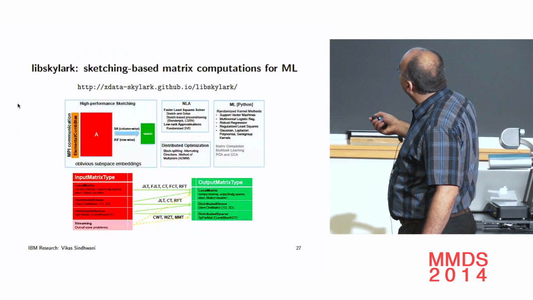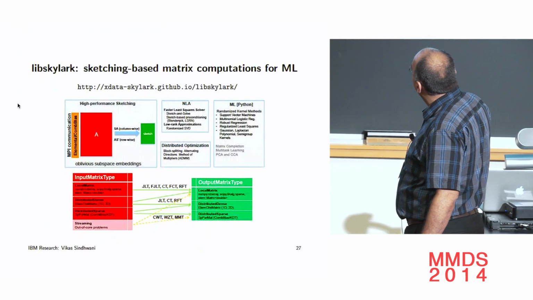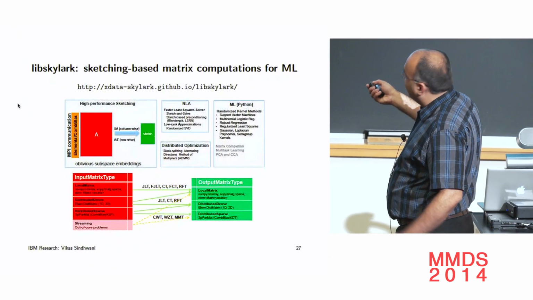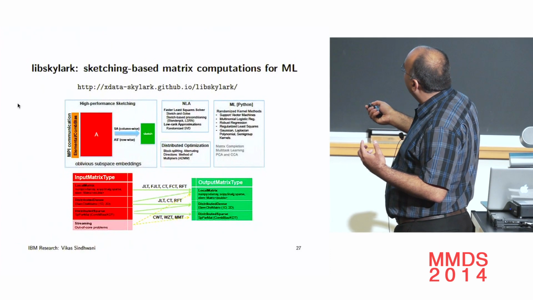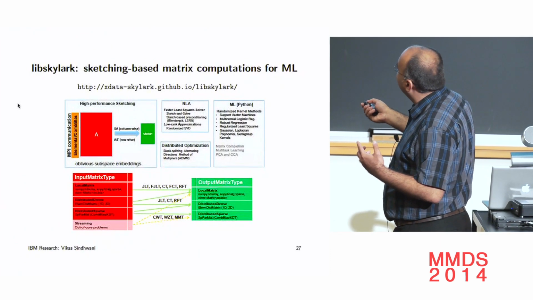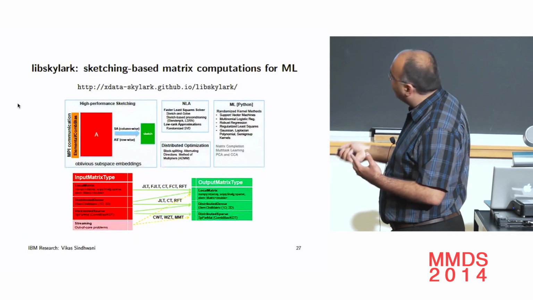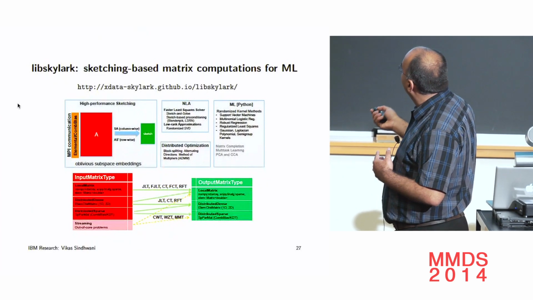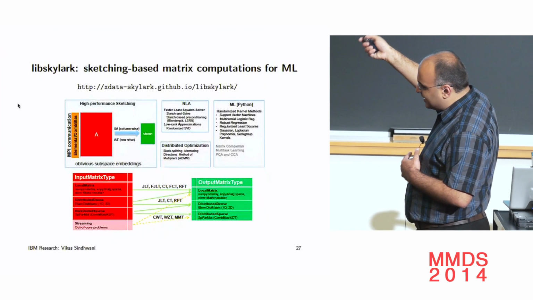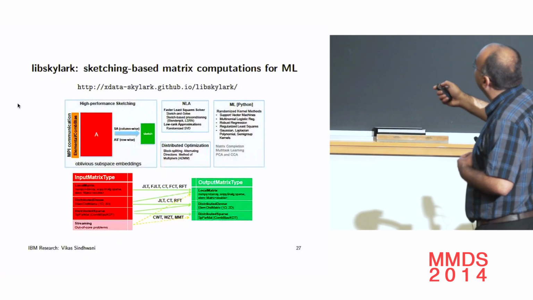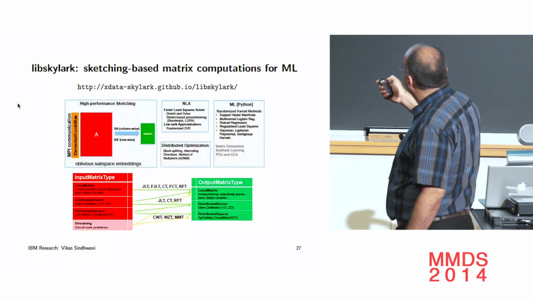So there are the input matrix type, the output matrix type, local versus distributed, dense versus sparse matrices, and for dense matrices, various distributions, 1D and 2D. We are building on Elemental and CombBLAS, which are very well written high performance linear algebra libraries.